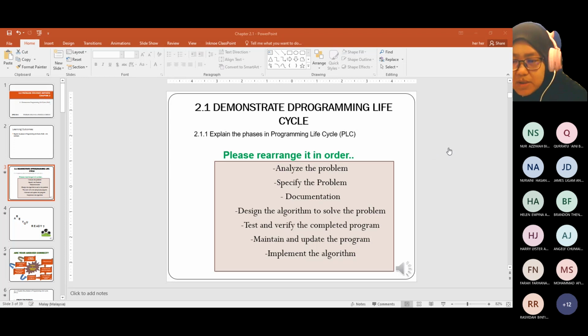Okay, semua kena cuba. You have to try because we don't know which one is the right answer. Ada lagi belum siap? Baru 15. Jangan turun tangan dulu, biar dulu raise your hand. Saya nak pastikan semua buat.